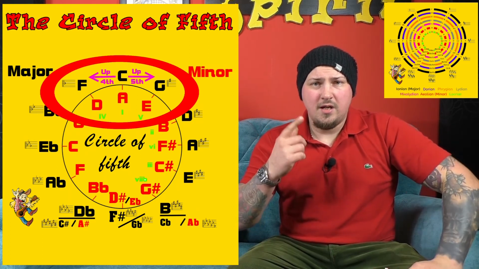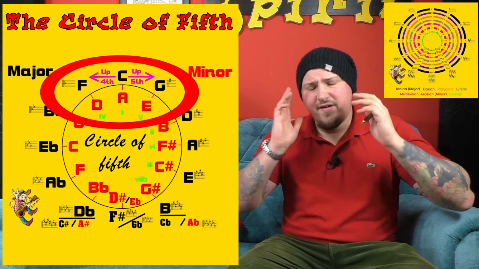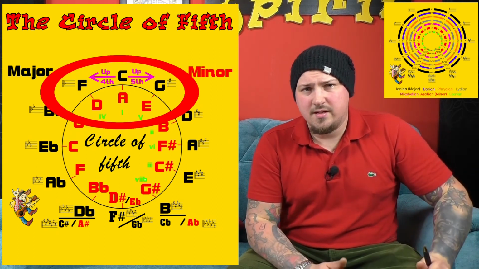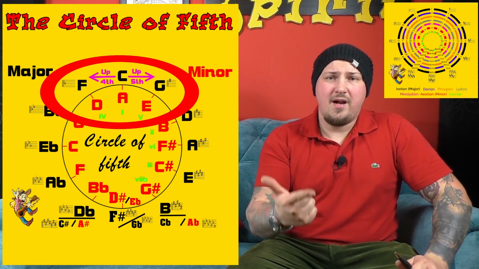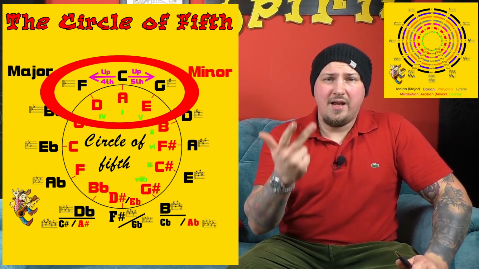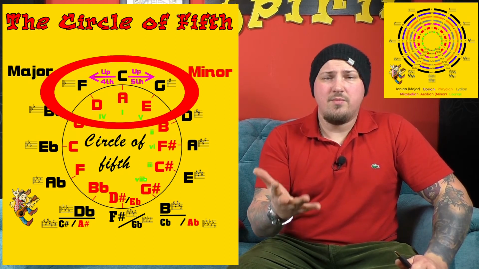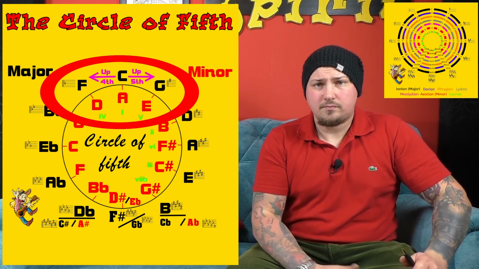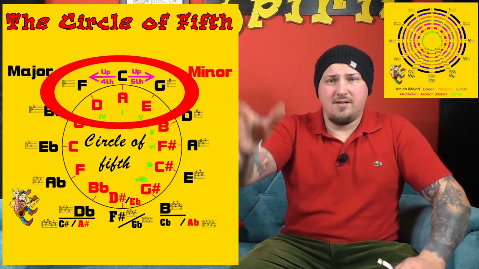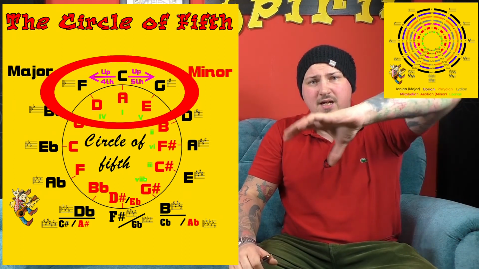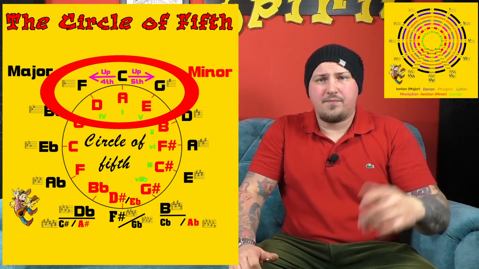So you know, if you want to play anything in C major, you can use the D minor, A minor, and E minor, and the F major, G major, and C major chords. That's pretty cool, because on every side of the circle it's the same thing.